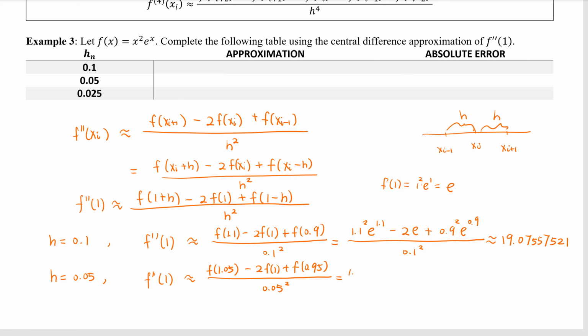So what do we change? 1.05 squared e to the 1.05 minus 2e plus 0.95 squared e to the 0.95 all over 0.05 squared. So far so good? Okay, so it's very similar to the previous formula, but what we need to figure out is what's gonna change, which number is gonna change.